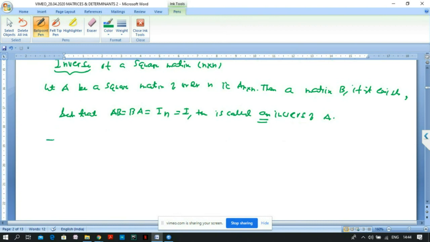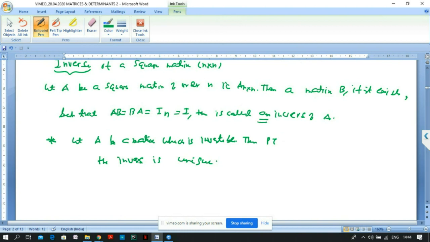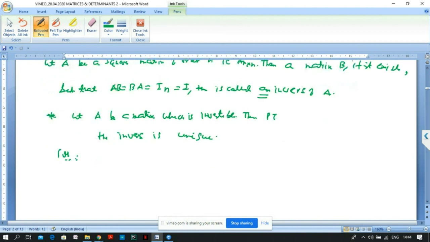So in fact, one theorem says that this is the uniqueness theorem. So let A be a square matrix which is invertible. Then you have to prove that the inverse is unique. For that, we fall back on the definition.